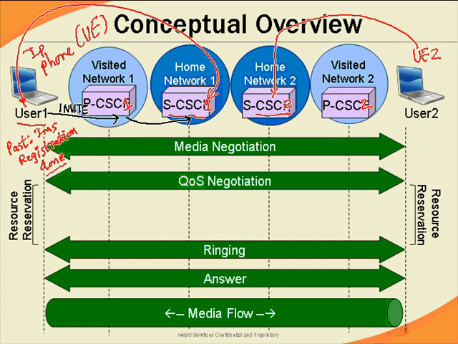The INVITE message has reached serving CSCF number 1. So now, let's say this is abc.com, and this user is with another operator, let's say xyz.com. Our serving CSCF will have to contact xyz.com.